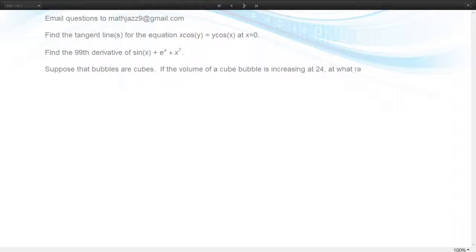At what rate are the sides of the cube expanding or increasing when the volume is maybe, let's pick a cube, let's pick 8 cubic inches. There we go.